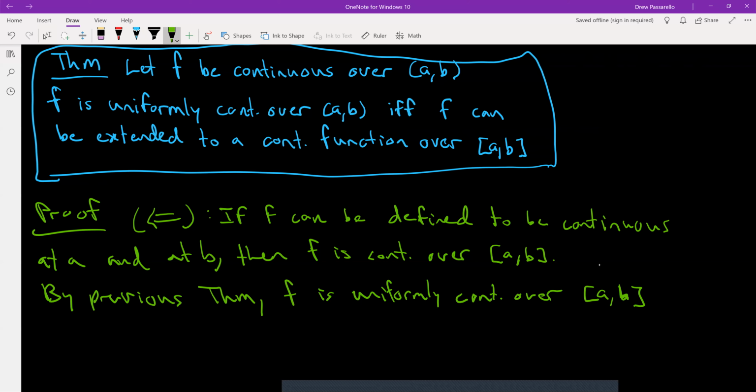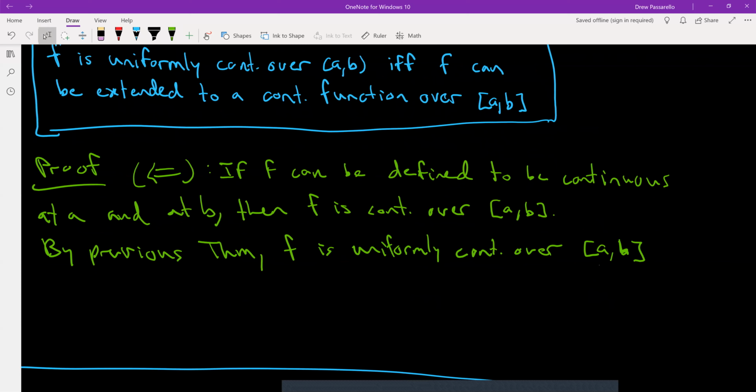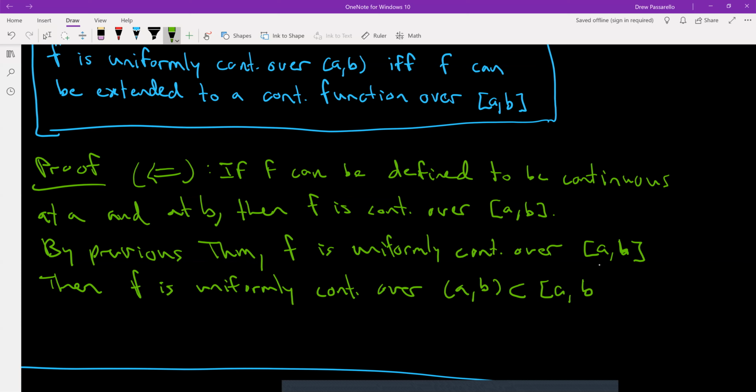Okay, and so if it's uniformly continuous over the closed interval [a, b], then f is uniformly continuous over the open interval, since that's a subset of the closed interval. All right, so that direction's pretty straightforward.